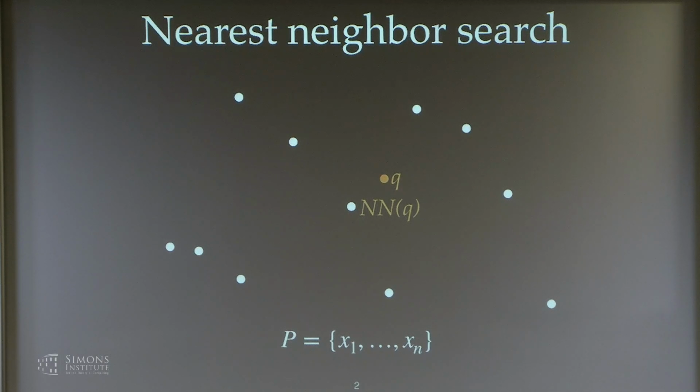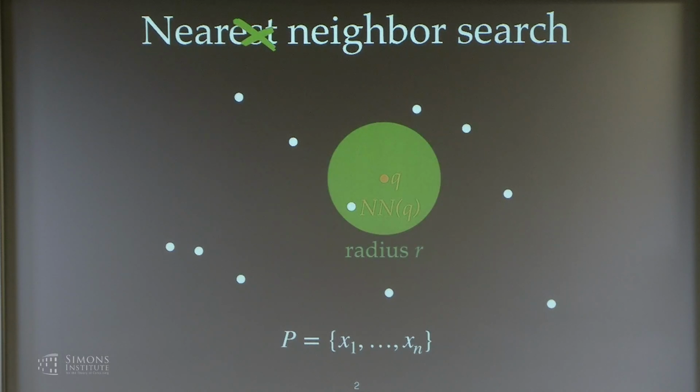A lot of work in this area actually deals with a slightly different problem. Alex was also mentioning it. That's the near neighbor search problem. You're given not just the query point, but also a particular radius r. This might be given even before you start pre-processing the data set.